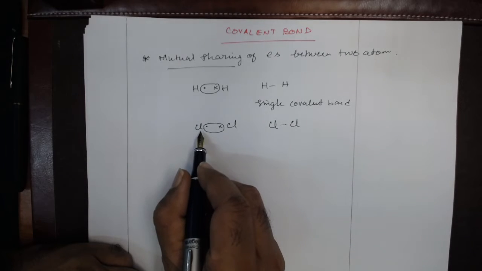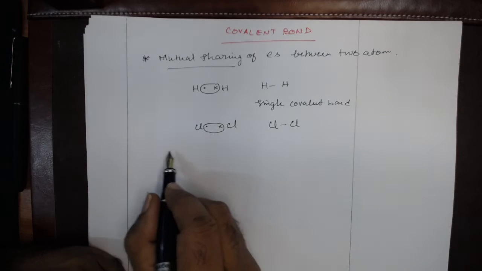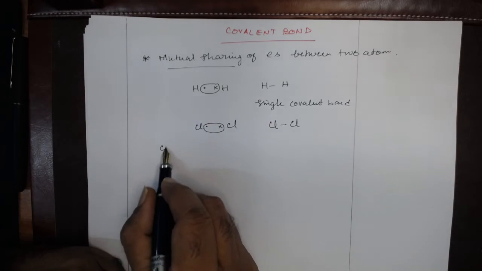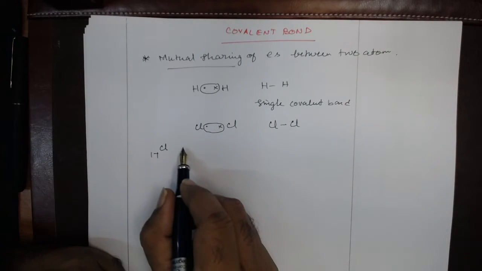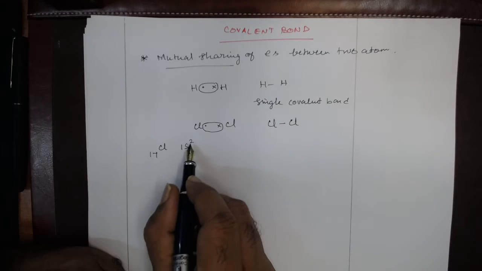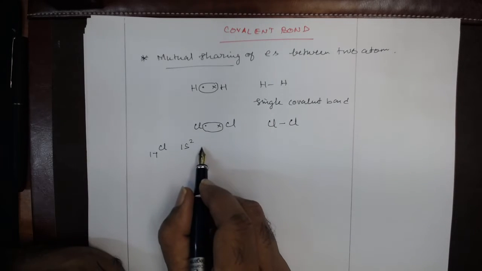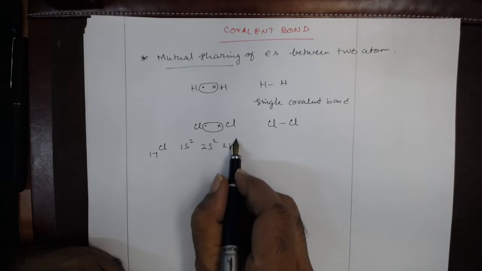And what about this chlorine? It has more than one electron, but when you look at the atomic number of chlorine, it is 17. So in the first shell you have 1s2, in the s orbital 2 electrons, and in the second shell 2s2, 2p6.